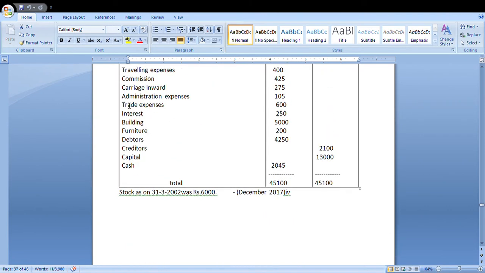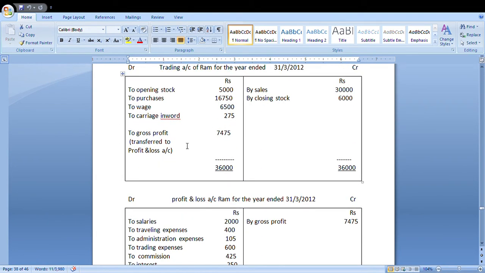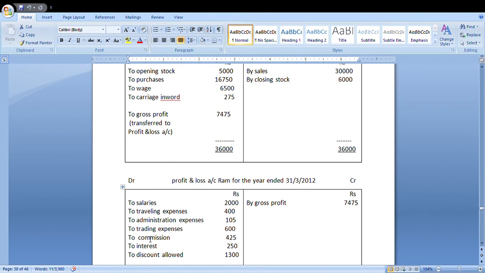Next, trade expenses. It is also an expenditure. It does not enter the trading account, so enter it in the profit and loss account, debit side. Trade expenses.